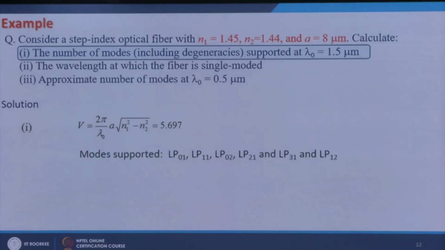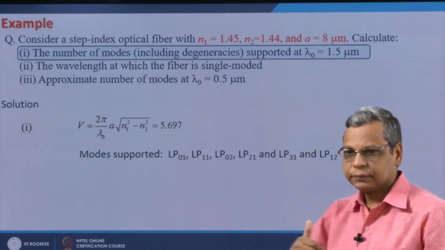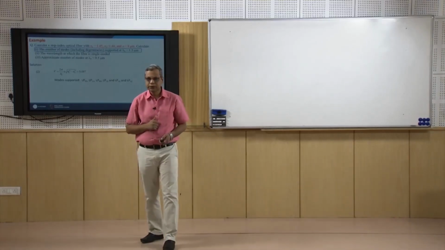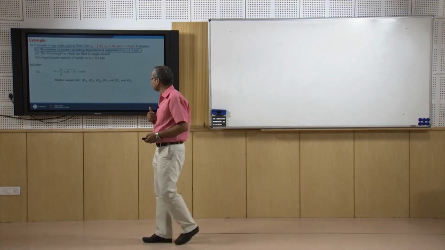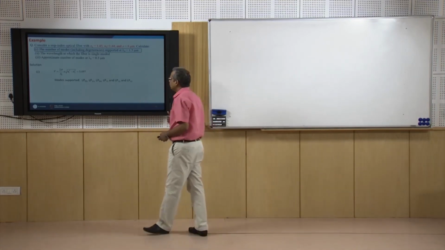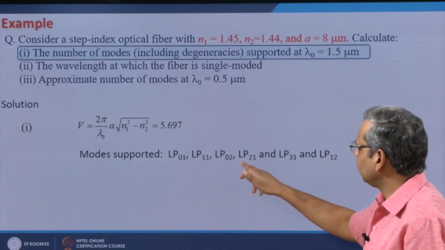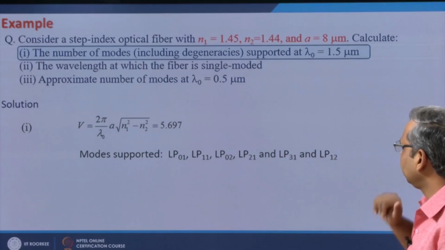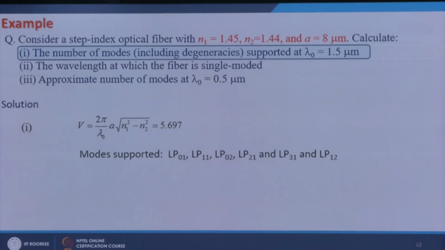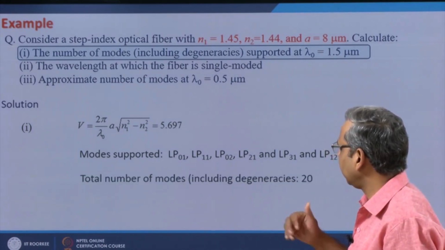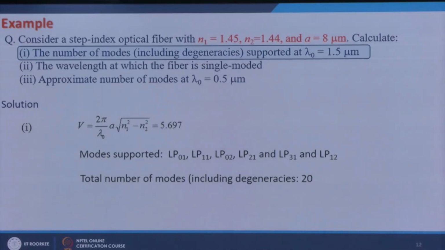If you locate this value of V in the table which you have created by arranging the modes in increasing order of their cutoffs, then you find that these modes are supported: LP01, 11, 02, 21, 31 and 12. Now if you include the degeneracies of all these modes and calculate the total number of modes, they come out to be 20.